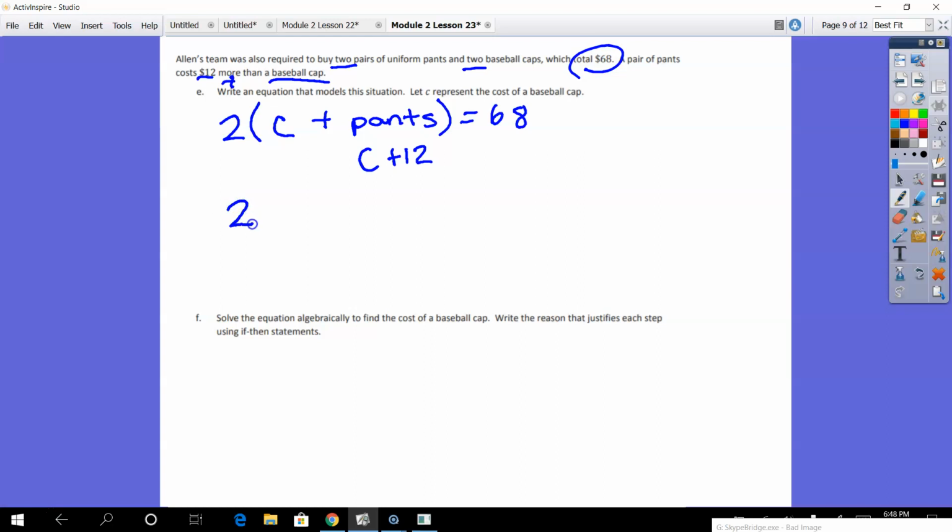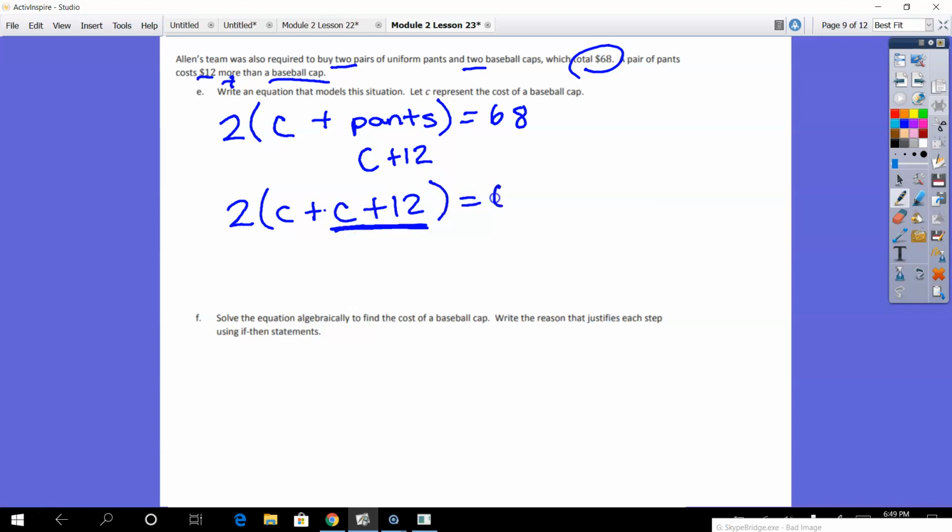So 2 times C plus the cap and the $12, because this would represent right here the amount of the pants. Not because he's buying more caps, but because the price of the pants is the price of a cap plus 12. So this part right here is just representing the pants, not saying that you're buying more caps.